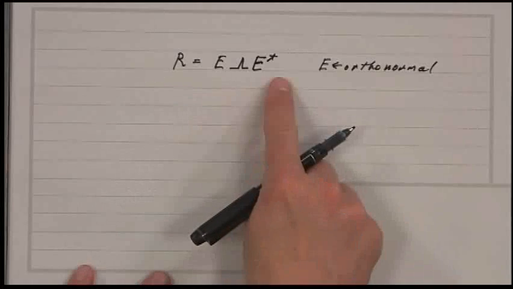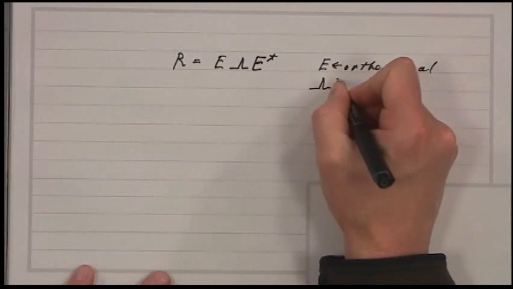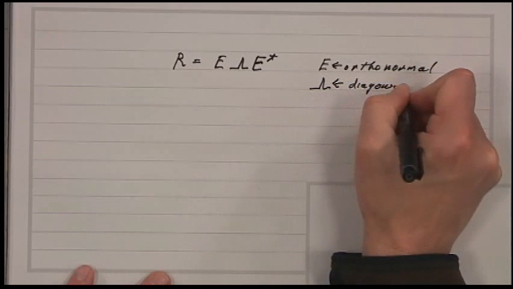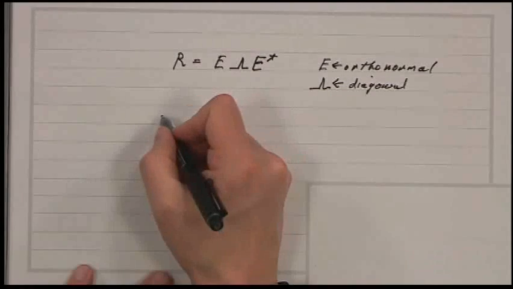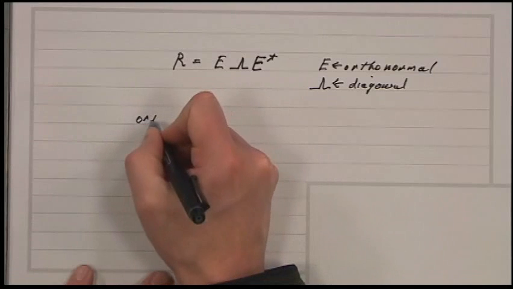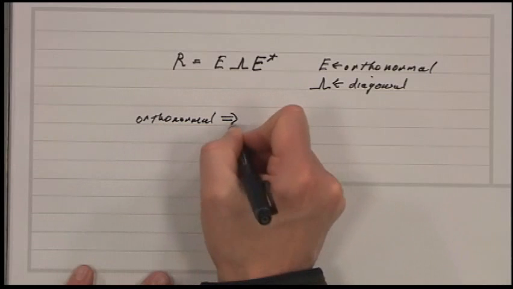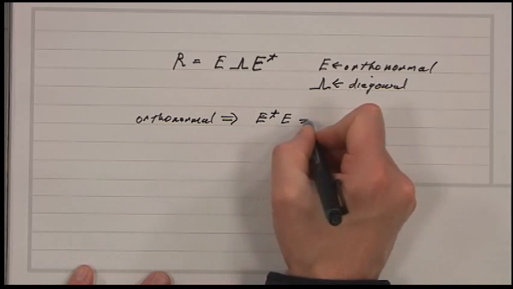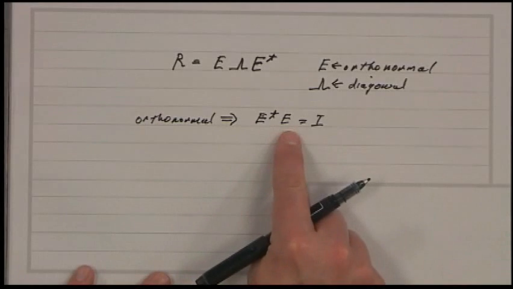I'm assuming everything's real valued here. And lambda is diagonal. By orthonormal, I mean that E transpose E equals I. So for an orthonormal matrix, the transpose is the inverse.